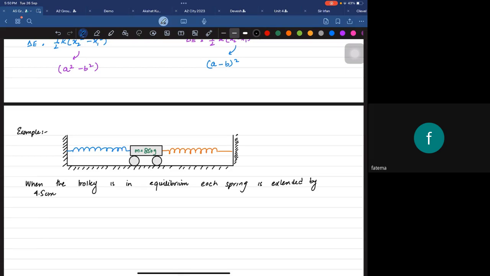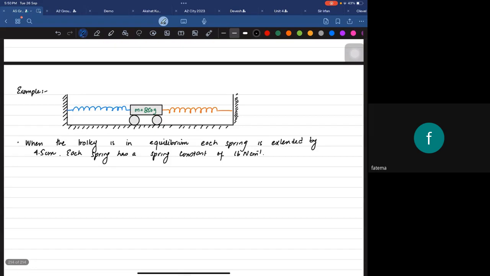So it's already extended in equilibrium. Each spring has a spring constant of 16 newtons per centimeter. They've also given that.